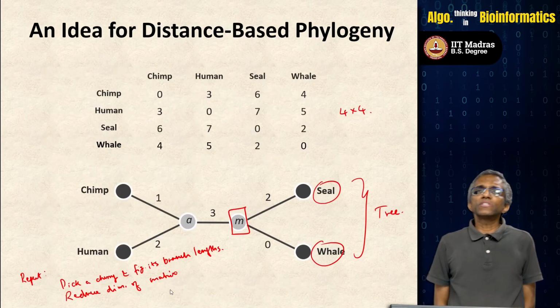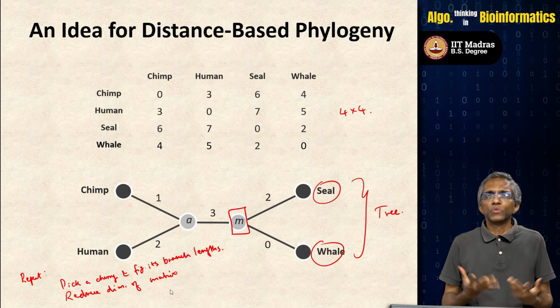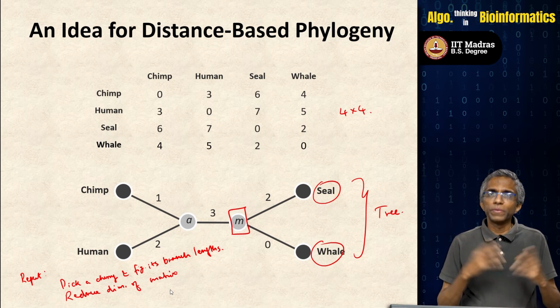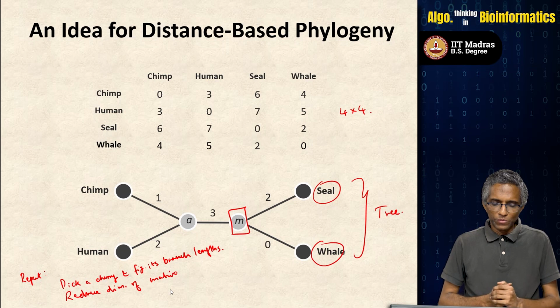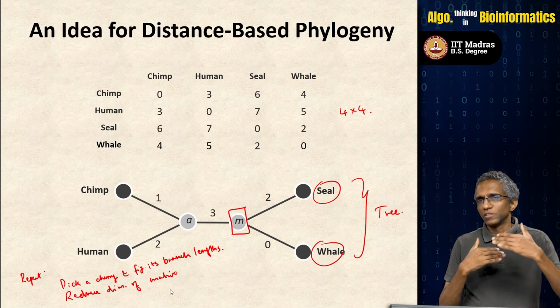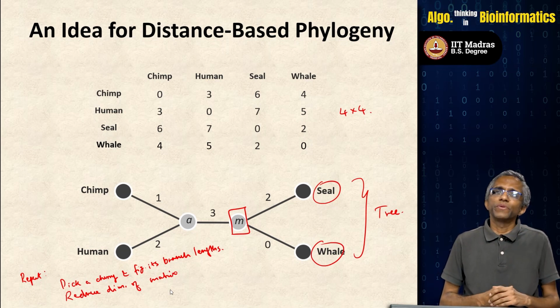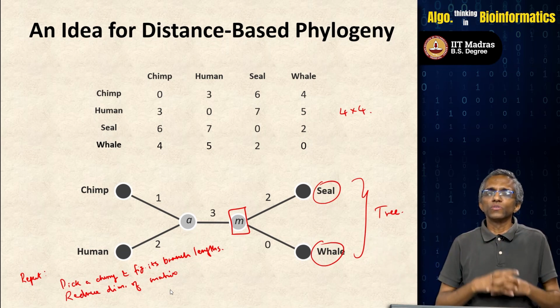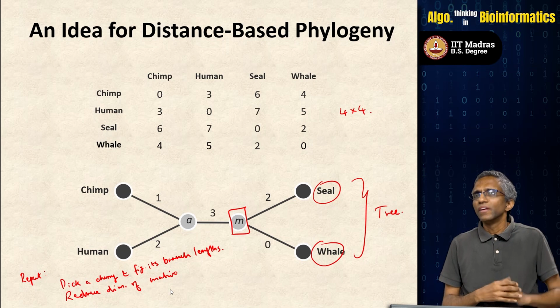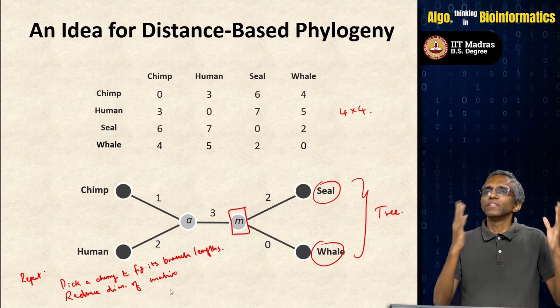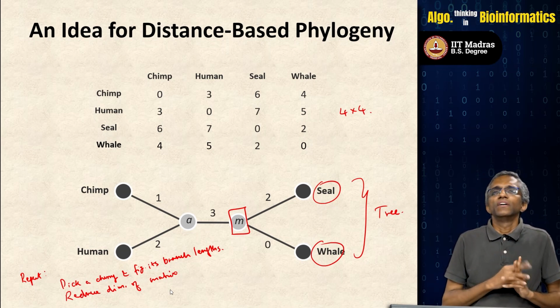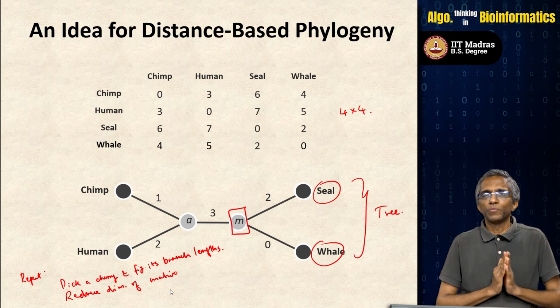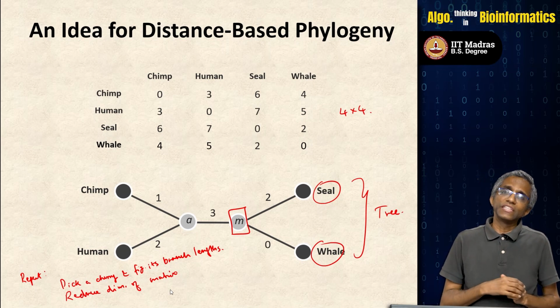Okay. So, it looks like we have a good idea now that we will keep on picking a cherry, and then we will figure out the branch lengths of the cherry, and then we will keep on recursing on that idea. We will remove the cherry and keep only the internal node, the common parent of the cherry, and keep recursing until we get all the cherries and all the proper edge weights of the tree that we are constructing.